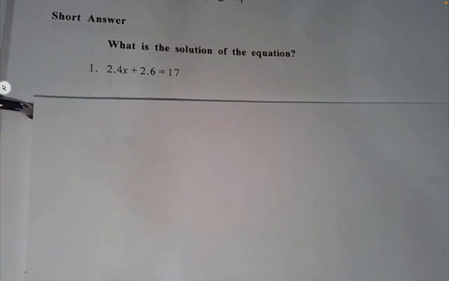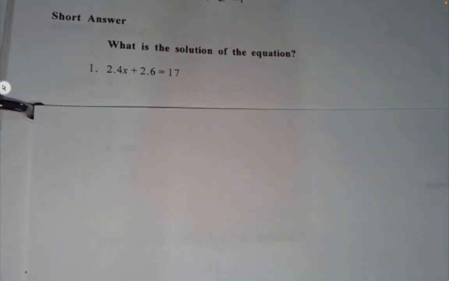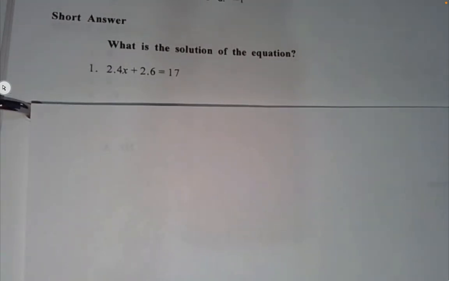It's short answer: how do I solve this for x? What do I move first? The 2.6. So I subtract 2.6 from both sides. So 2.4x equals, what is 17 minus 2.6? 14.4.